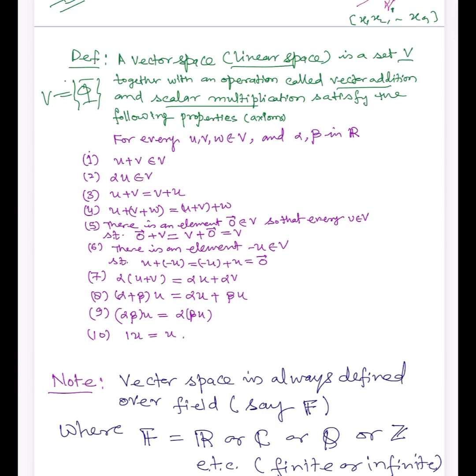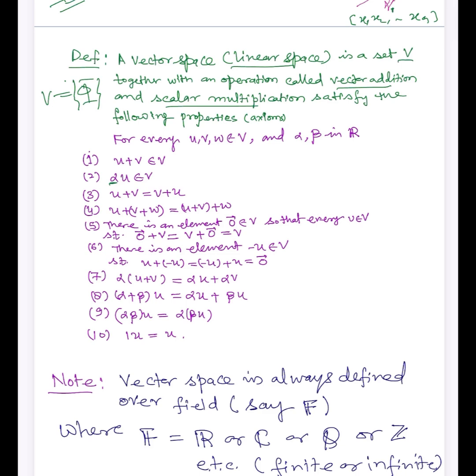Let's say for any u, v, w belonging to V and alpha, beta belonging to R, u plus v belongs to V. That means V is closed under addition, and alpha times u belonging to V is called the closure property, closed under scalar multiplication, because we are multiplying by a scalar.